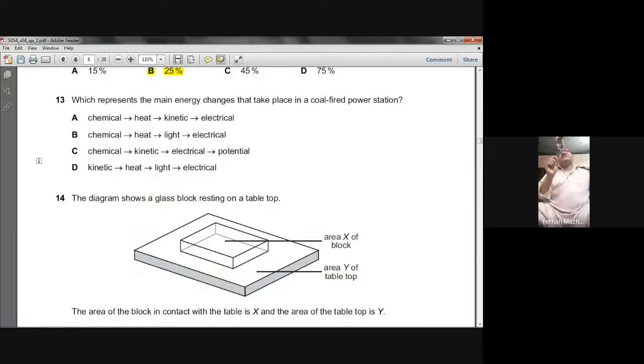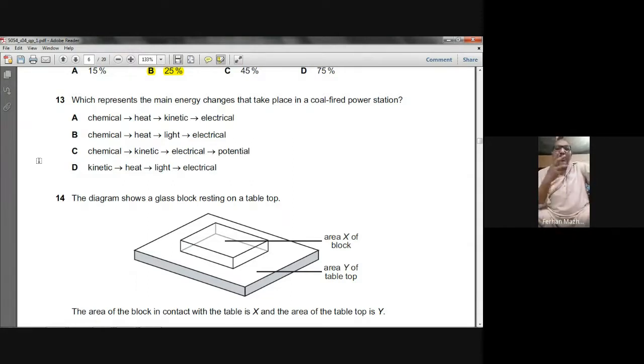Which represents the main energy changes that take place in a coal-fired power station. You see, in a coal-fired power station, initially the coal has chemical potential energy.